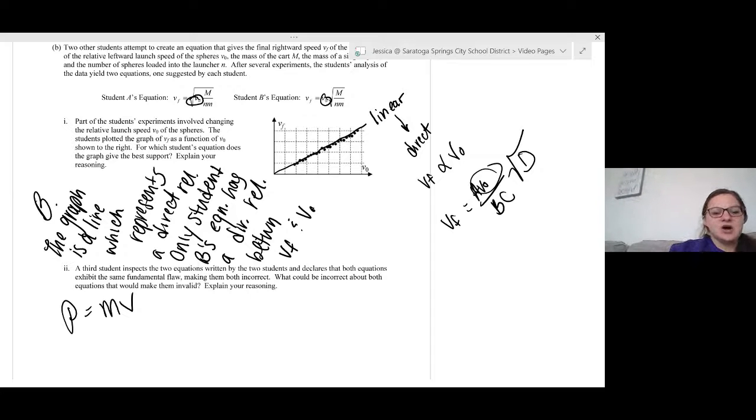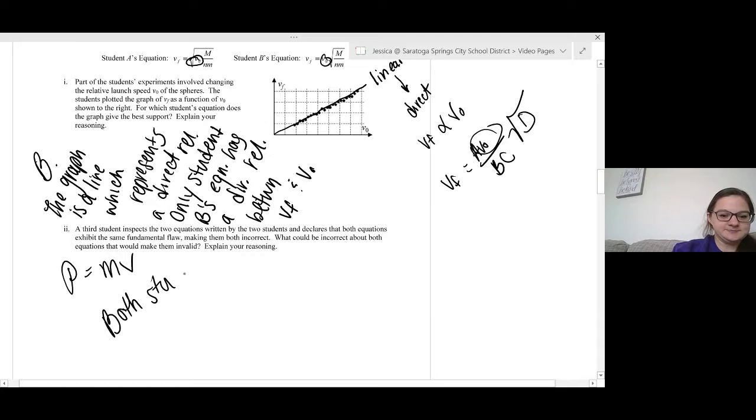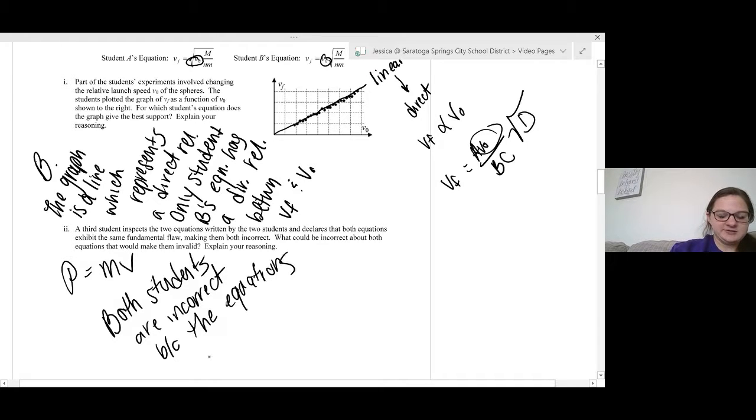Okay, so we would say something like both students are incorrect because the equations have square roots.